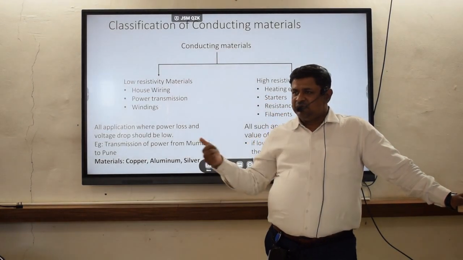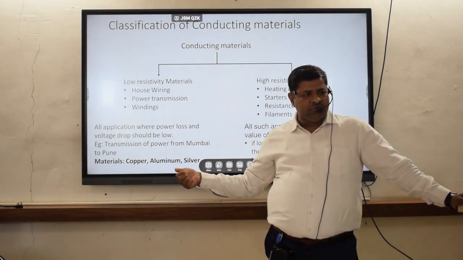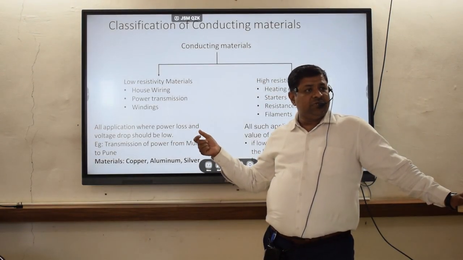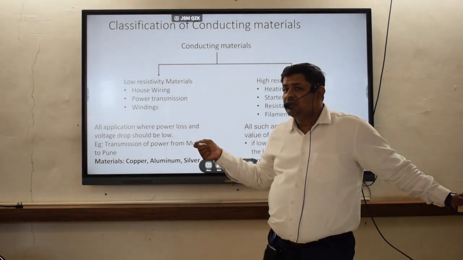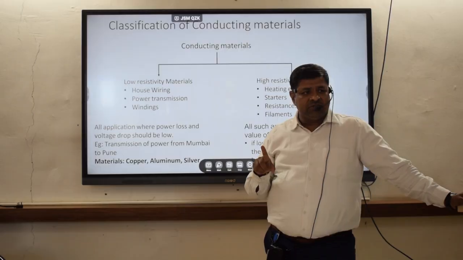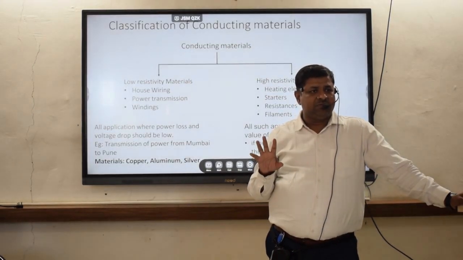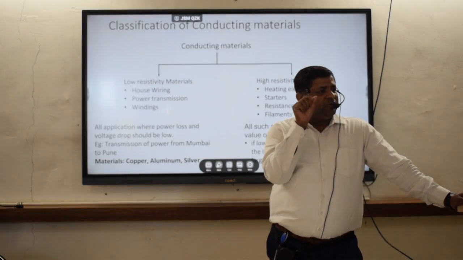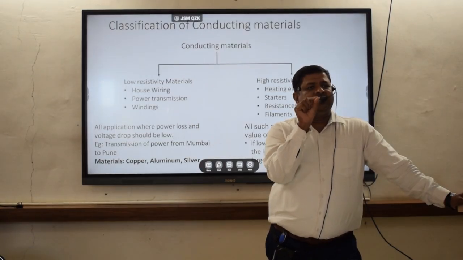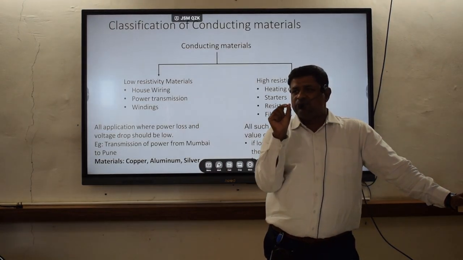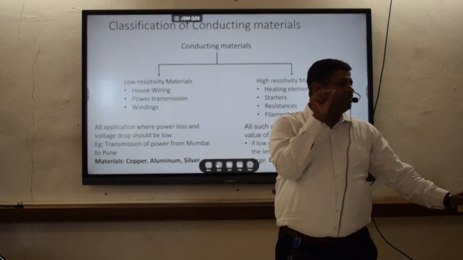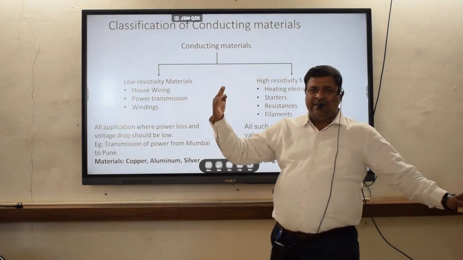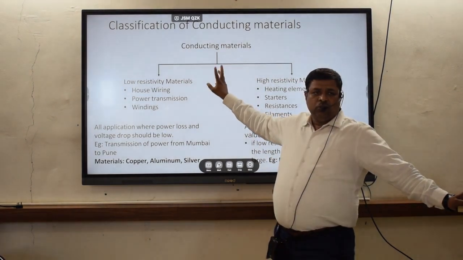For earthing, I think a black colored wire is always used. As per my knowledge, it is black. I don't know exactly, but you just check it. What I mean to say is that whatever color convention is used over there is for some purpose, not for looks. So that kind of wires we can call low resistivity.